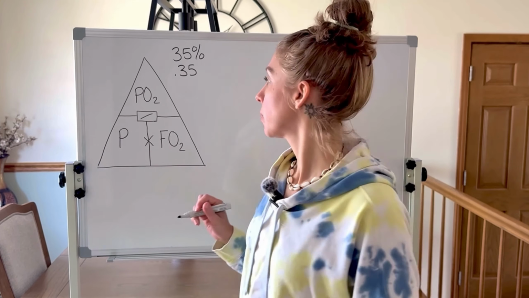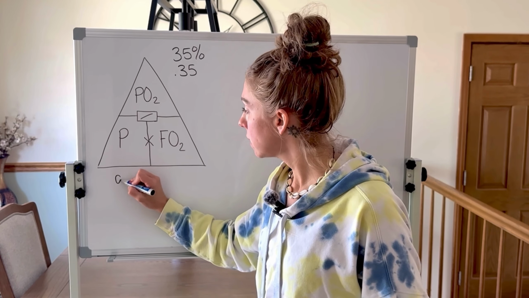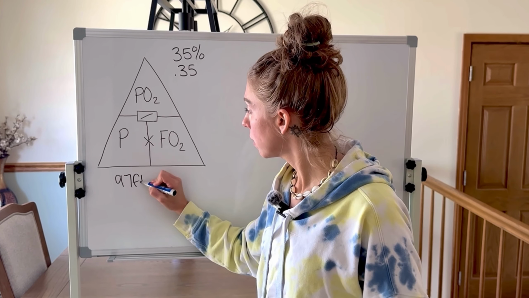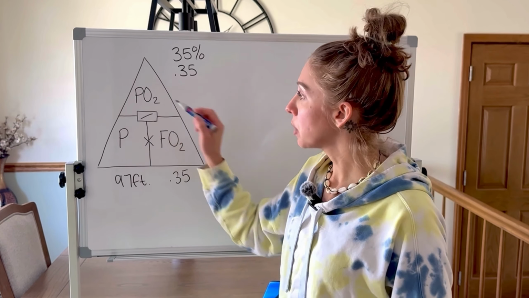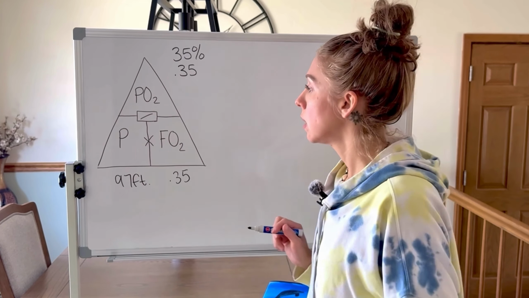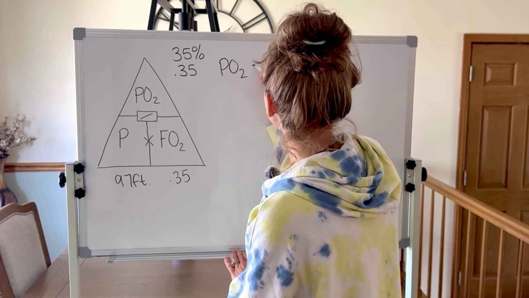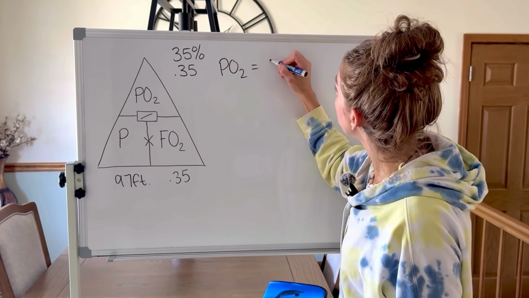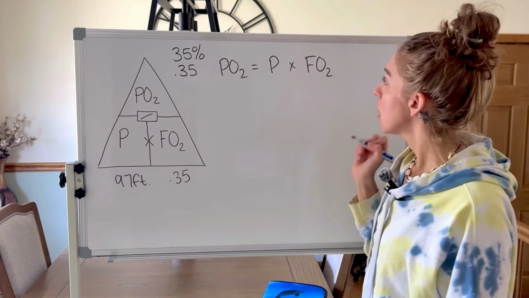Let's figure it out. So now we have these two values. This is going to be 97 feet. This is 0.35. And we're looking for our partial pressure of oxygen. So PO2 equals P times FO2.